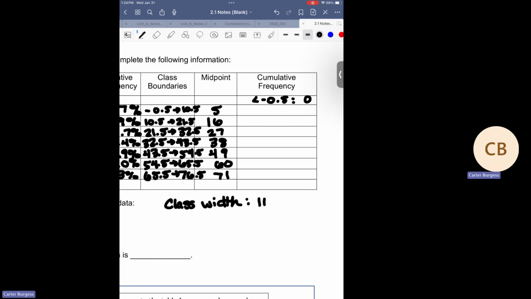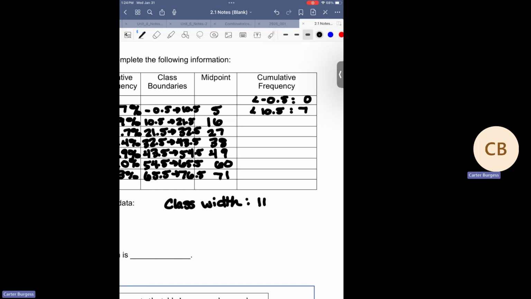Okay. So now we're going to look at what's going on to the left of our next bound. In this case, this is the 10.5. To go from negative 0.5 to 10.5, I have passed completely through the first bucket. So by the time I have gone all the way through the first bucket, how much data have I covered? I have covered 7.